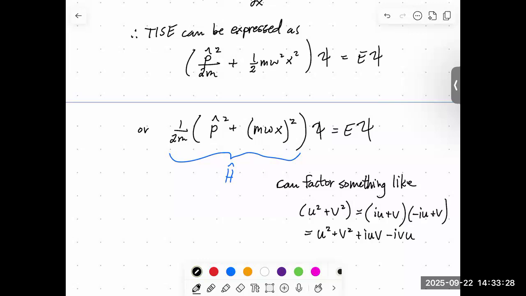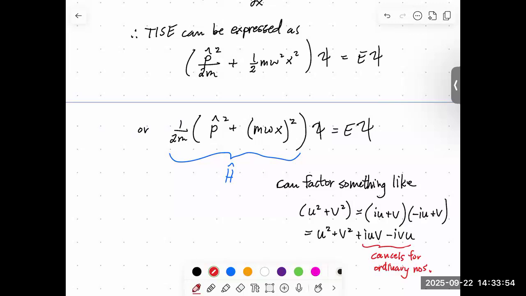Now, of course, for regular numbers, this is going to cancel. So this cancels for ordinary numbers. Now, what I want you to keep in mind is we're going to do something like that to our Hamiltonian. But the u and the v are going to be operators.